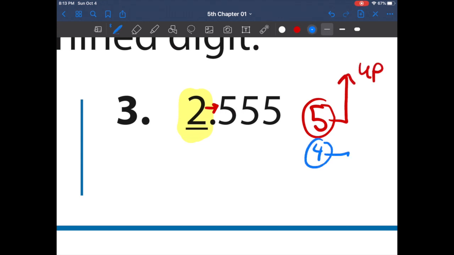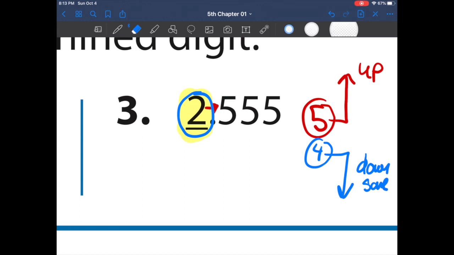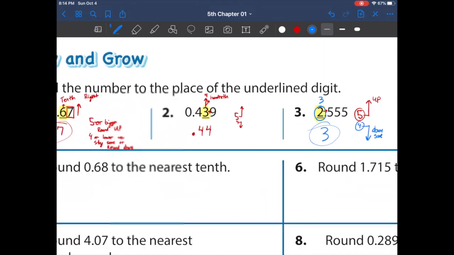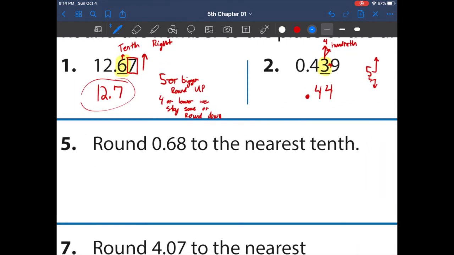If it's 4 and lower, we round down, or it stays the same. All right, so is it 5 and bigger? Yes, it is. So that means we need to round up to the next whole number. Well, that would be 3. So what is the answer for this one? 2.55 rounded to the next whole number would be 3. All right, let's do some more practice.